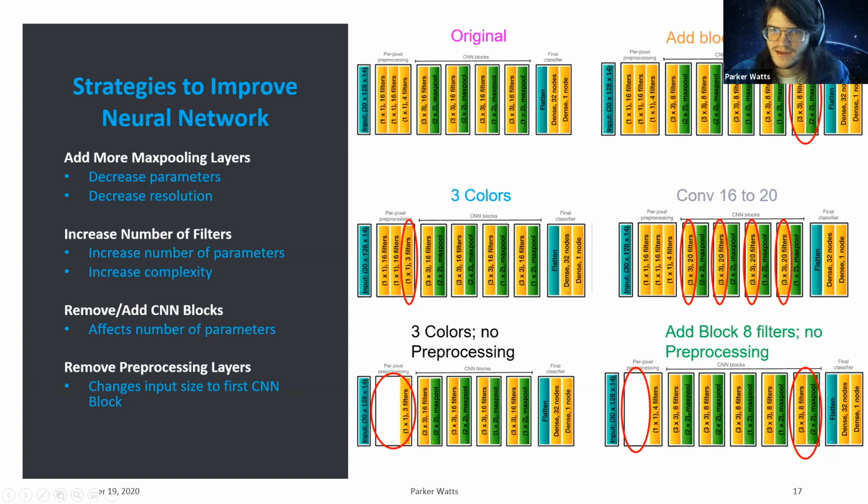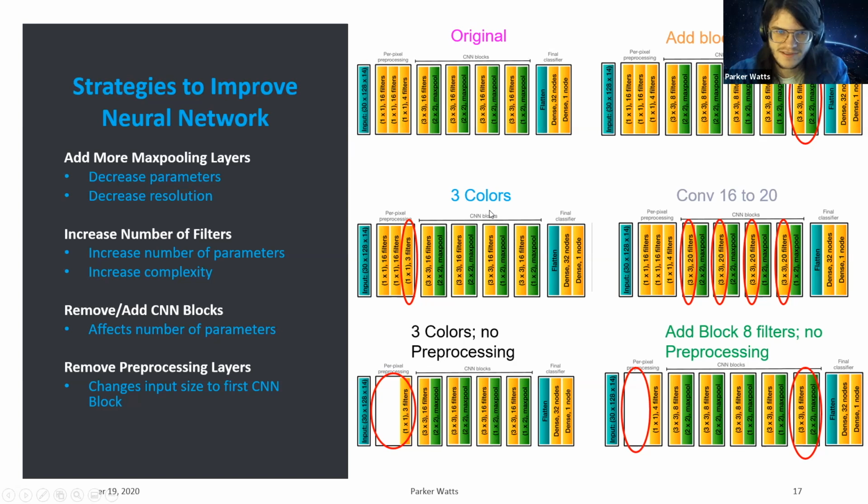So here I just put a layout of several different models that I tried. So here's the original one that you saw earlier. And then here is an add block 8 filters. So what that means is I've added a CNN layer, and then I've changed the complexity of the CNN, all the CNN layers. So they are all only 8 filters now.